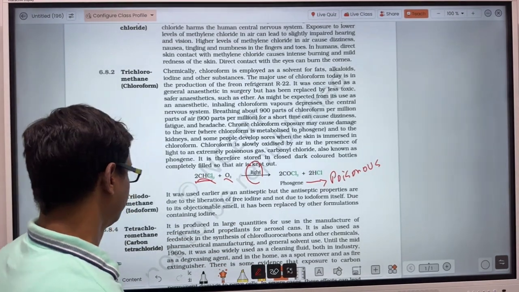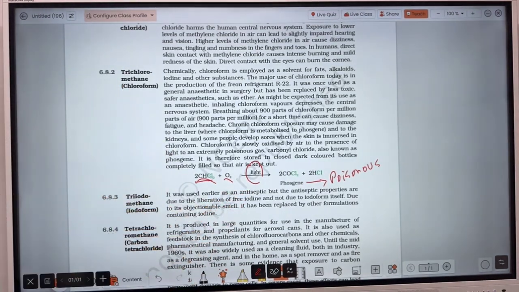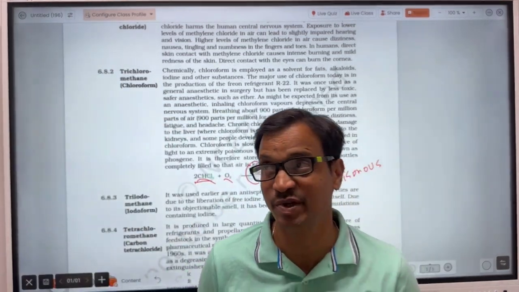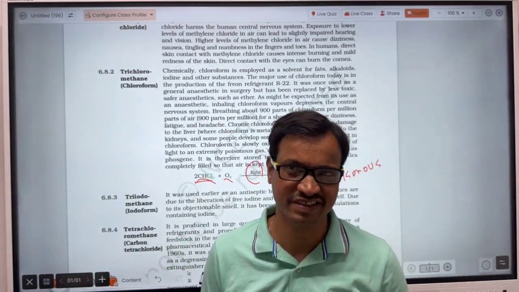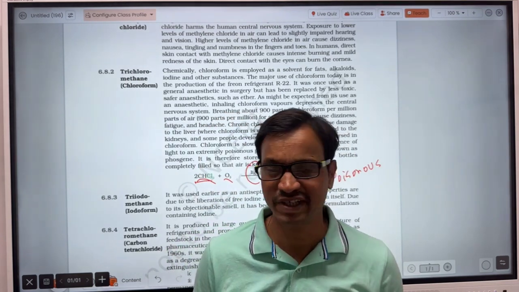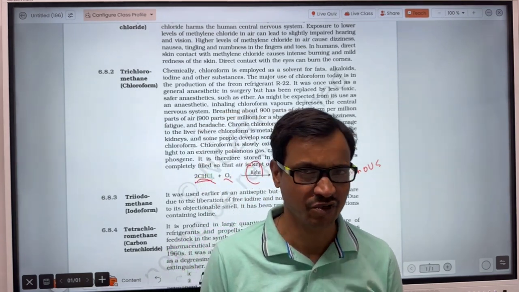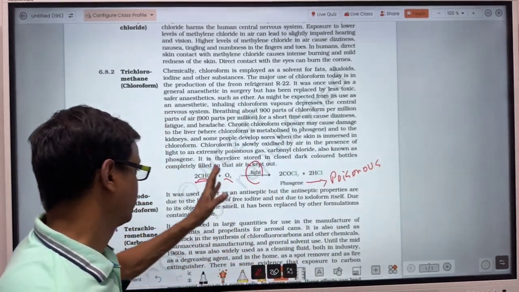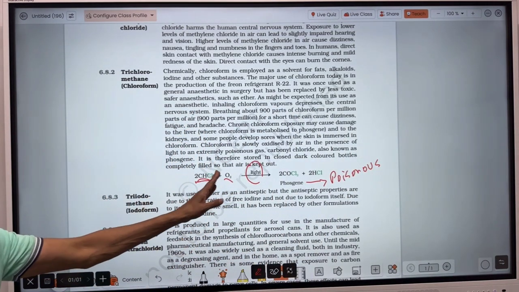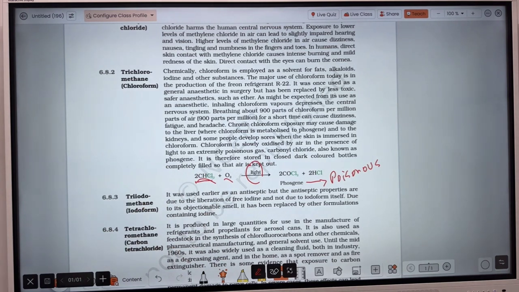That is the reason it is kept in a dark colored bottle, as also happens with hydrogen peroxide. But hydrogen peroxide is not poisonous, whereas phosgene that forms here is poisonous. So it is kept in a dark colored bottle so that it cannot come in contact with oxygen and form phosgene, which is a poisonous gas.